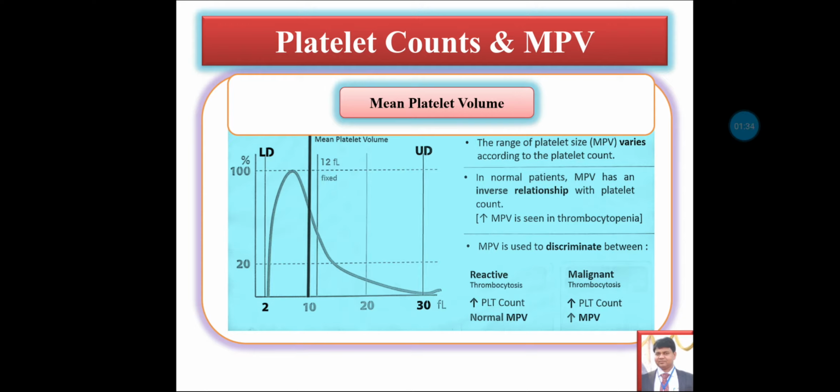In both conditions the platelet counts are usually high, but in reactive thrombocytosis the MPV is normal, whereas in malignant thrombocytosis the MPV is high along with the high platelet count. The MPV is around 9 to 12 femtoliter, and it is the average size of the platelets.